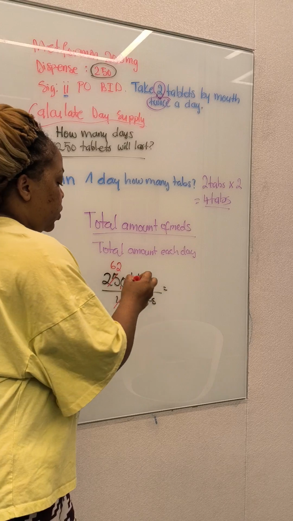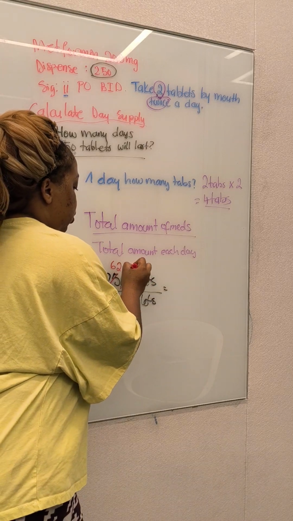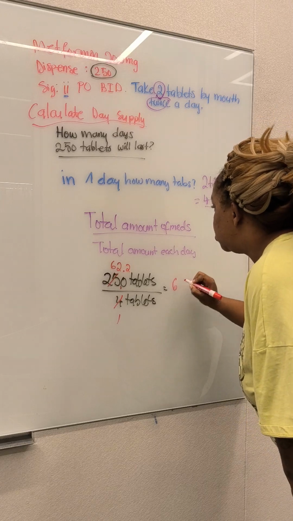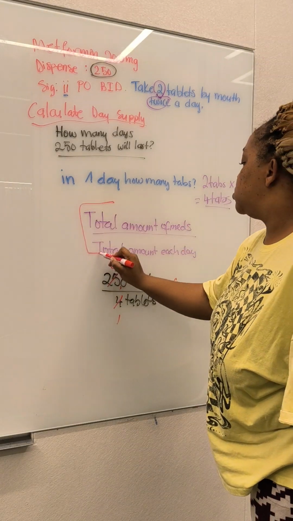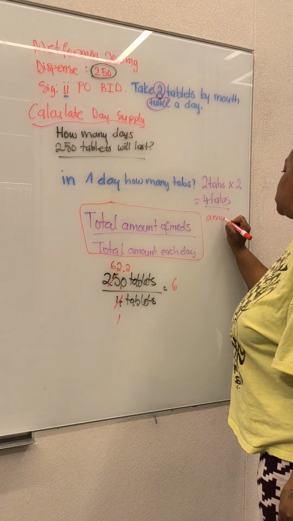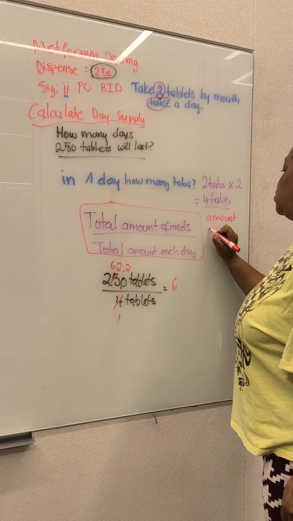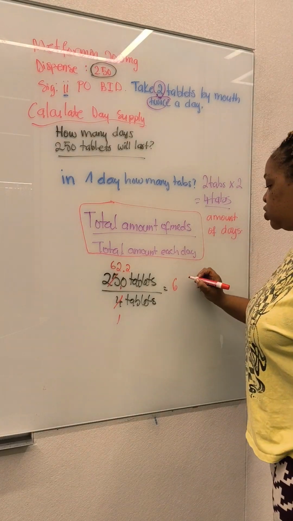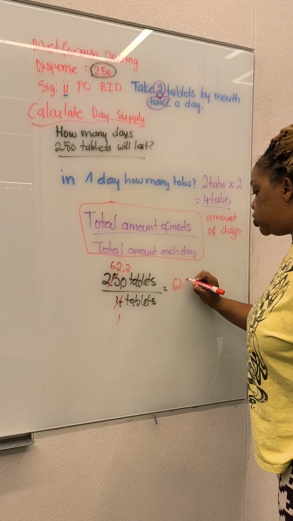There's going to be a 2 left. So we're going to say 0.2. So it's going to be 62. So this is to calculate the amount of days, which is basically day supply. So then we have 62.2.